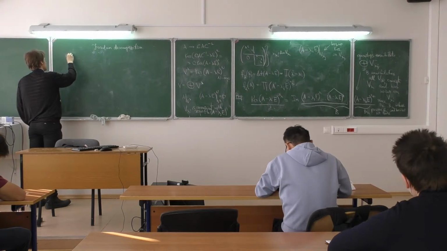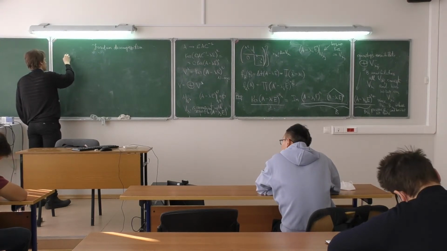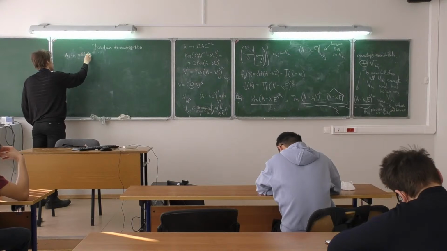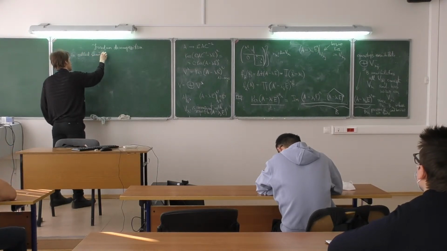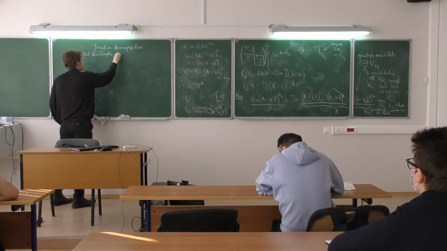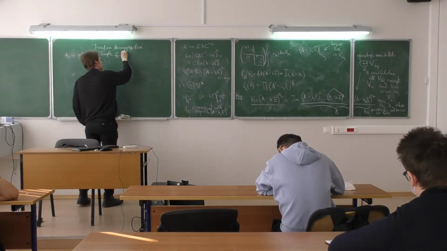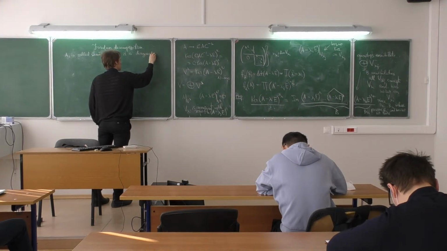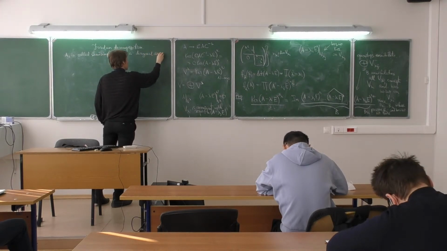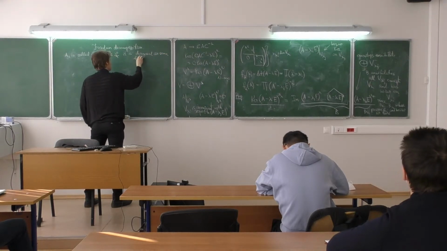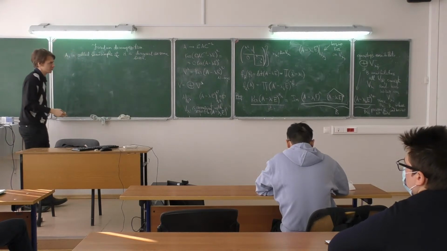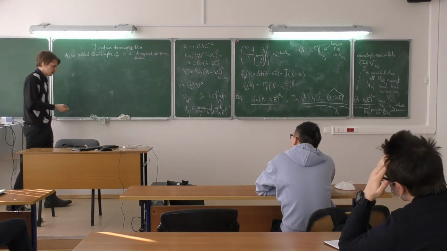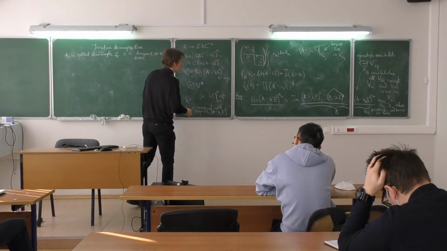An element A S is called semi-simple if it is diagonal in some basis, or, to say the same in different words, all its eigenvectors form a basis.